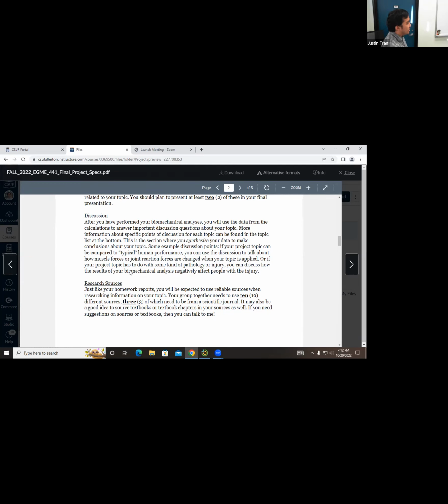In the discussion section, they noted that because of this poor technique, this person is putting 5-10 times more stress on their spine, and it's much more likely to lead to things like a hernia. That's the kind of discussion I want you to do in your discussion section: give me some context for these numbers. What do they mean, and why is it important for your study?